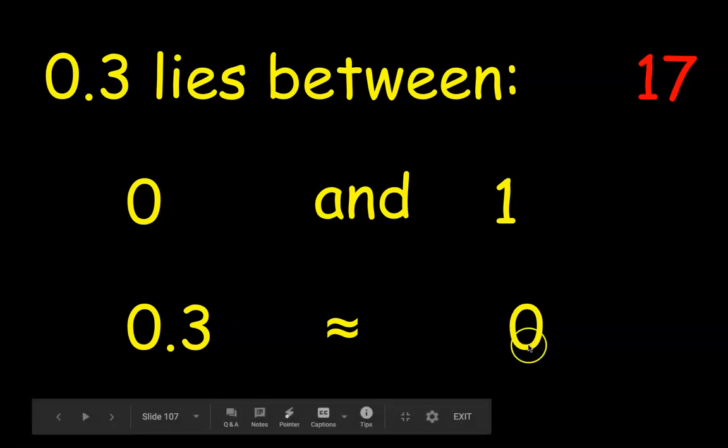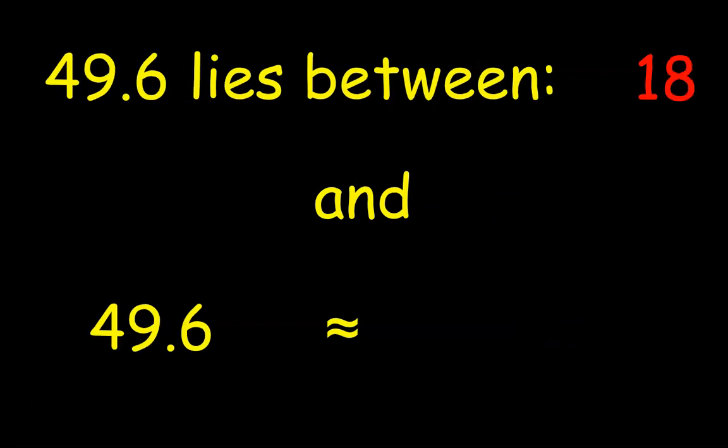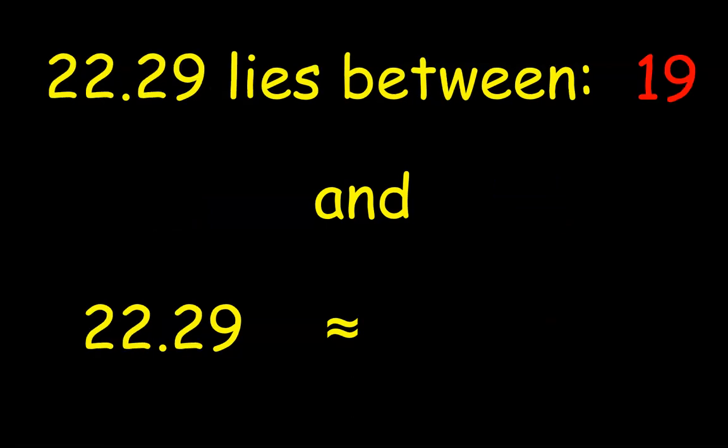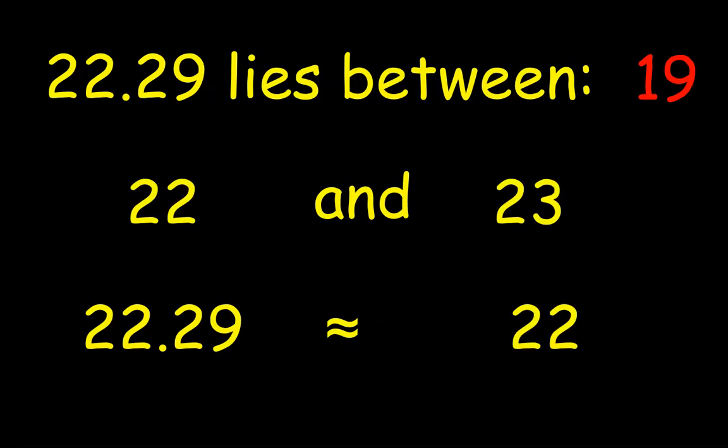Remember, you could have 0.0 here, that's fine, but there's no point. Don't get tricked here. Remember, it's whole numbers only. We're rounding to the nearest whole number. That 9 plays no part in the rounding at all.